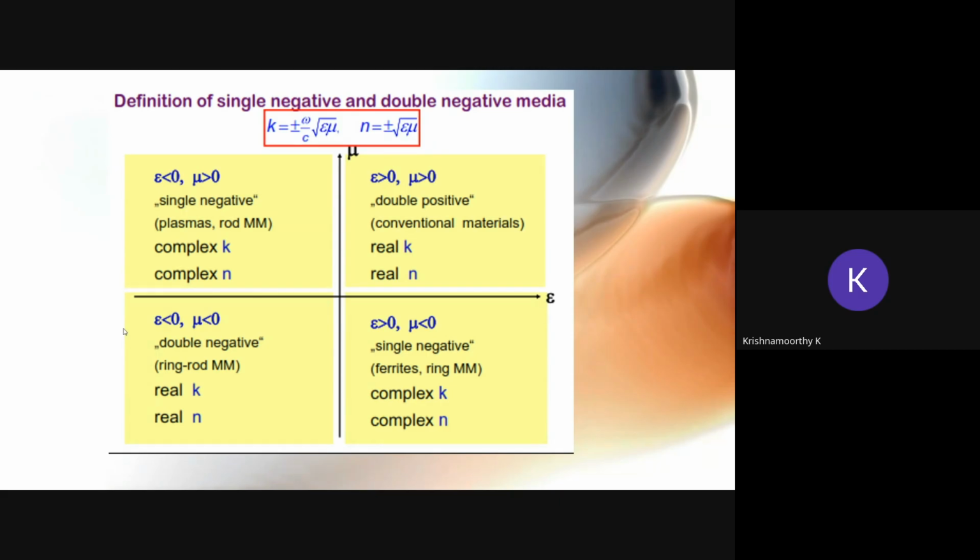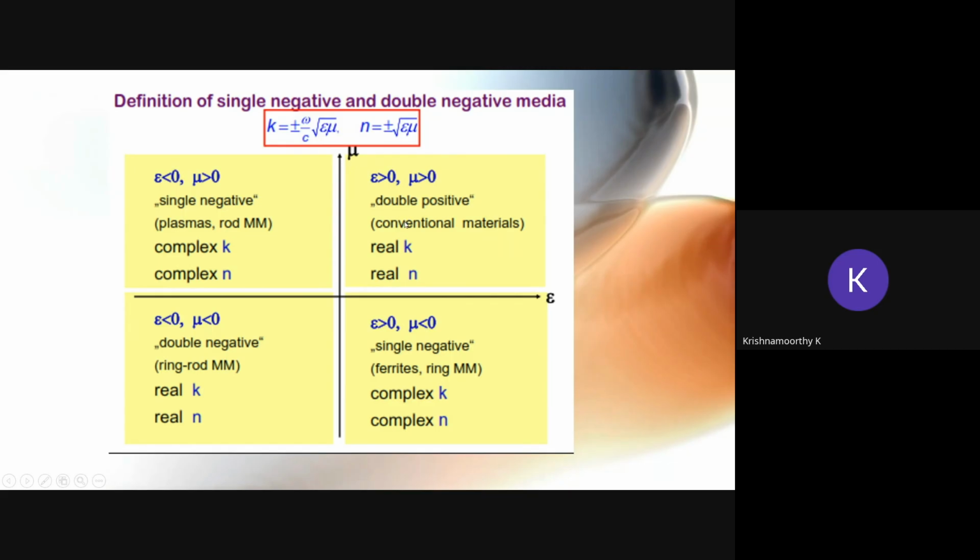If you arrange these two periodically, we can achieve this kind of characteristic. Here also you can see that the wave number k is real, as well as the refractive index n. So whenever we have real k and real n, there is wave propagation.